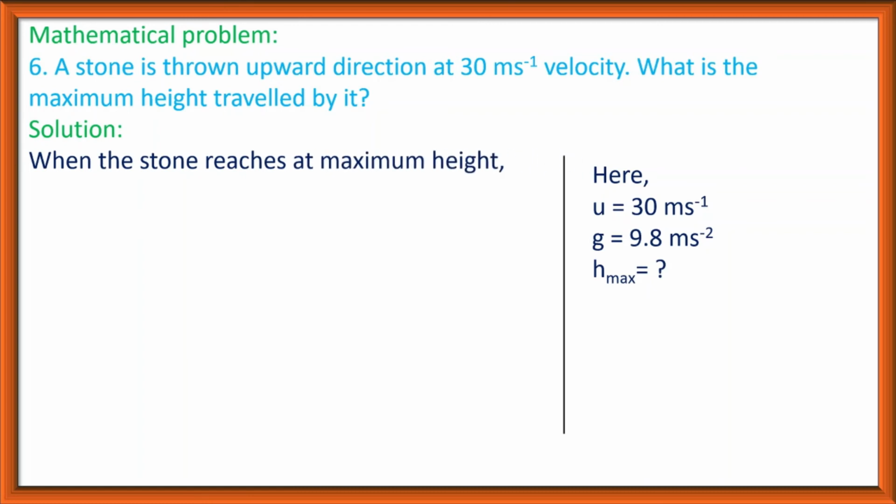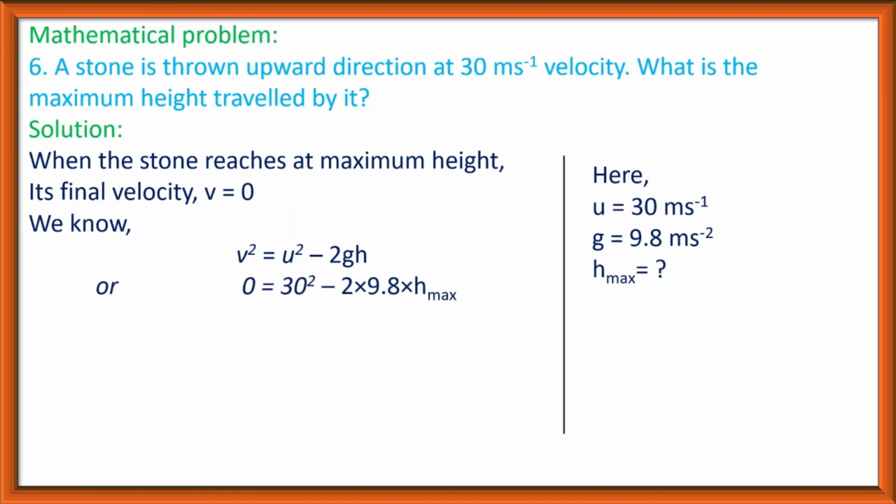When the stone reaches maximum height, its final velocity v is equal to 0. Already we know it. And we know v square is equal to u square minus 2gh for projected body. Or 0 is equal to u square, that means 30 square minus 2 into 9.8 into h max. Here g is equal to 9.8.